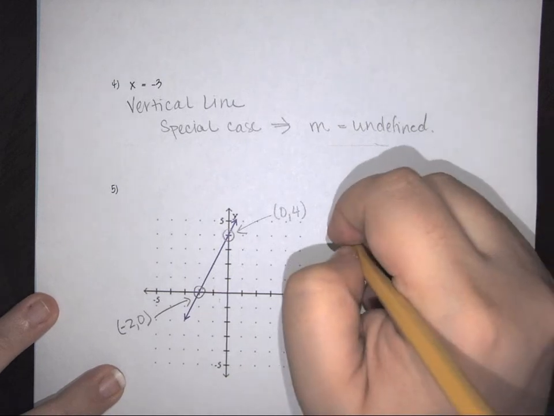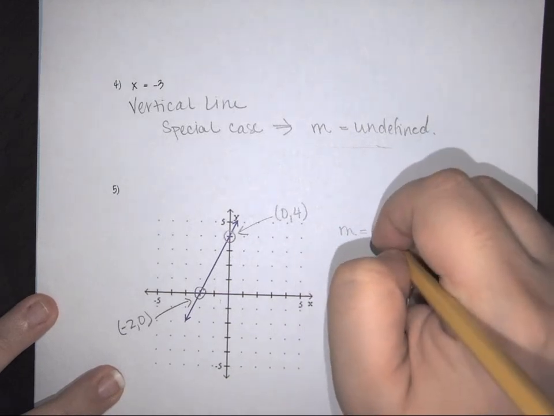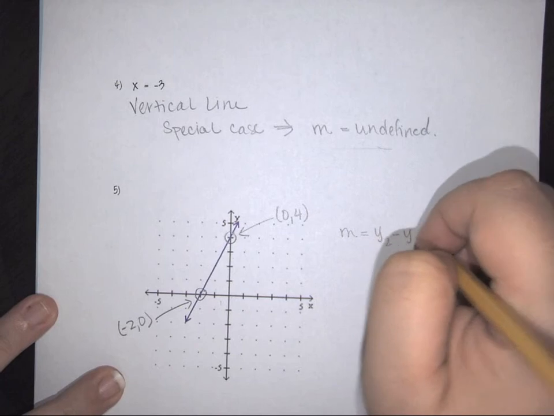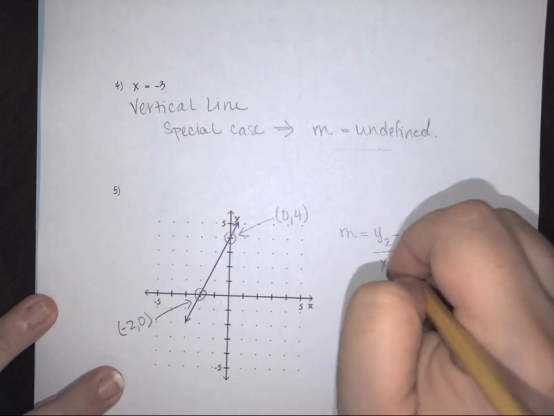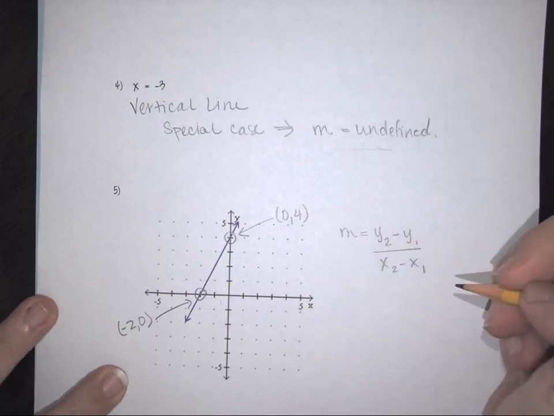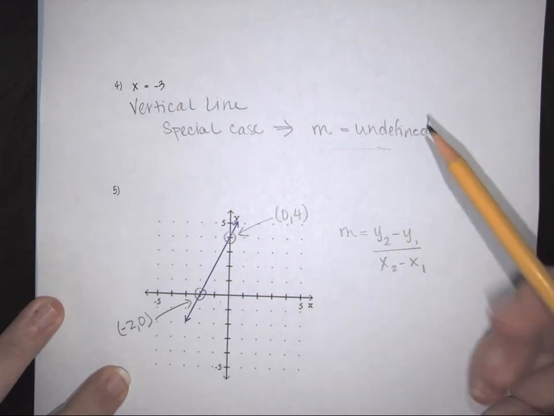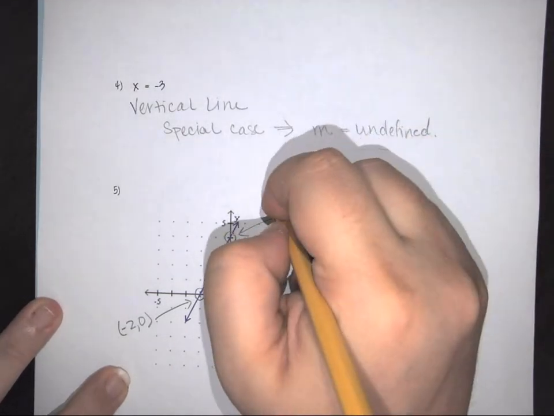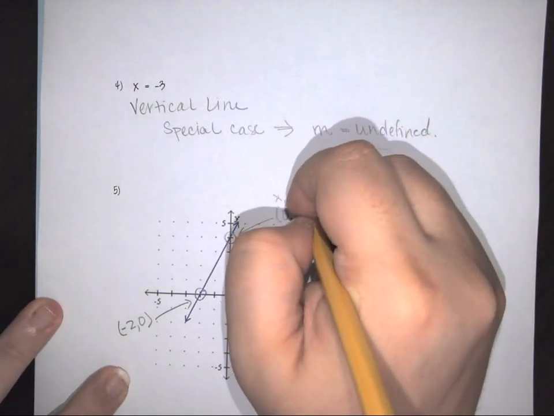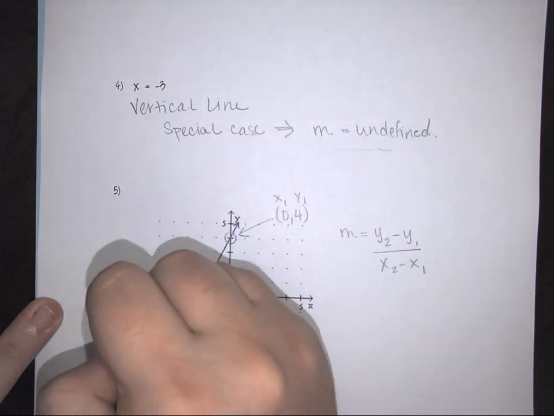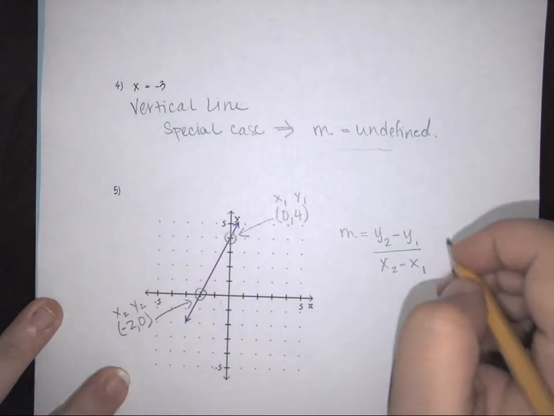So now we can find your slope by again doing y2 minus y1 over x2 minus x1. Here it doesn't matter, so we can do x1, y1, x2, y2.